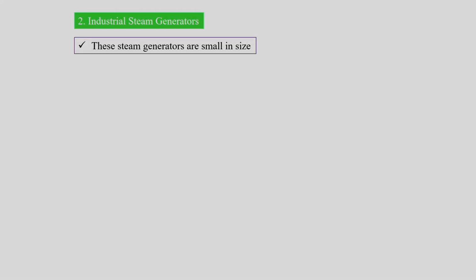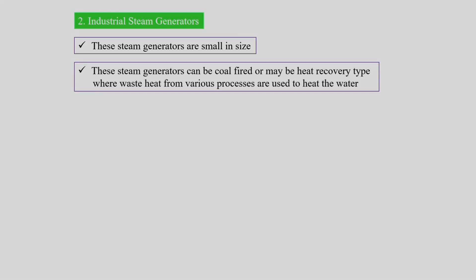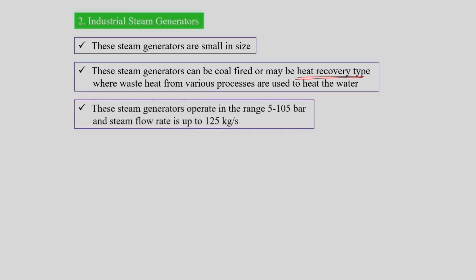The industrial generators are comparatively of lower size, and in the Indian context we mostly see them as coal fired, or they may use the waste heat from other processes of the industry to convert liquid water into steam.